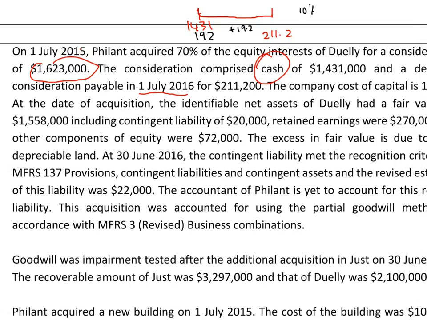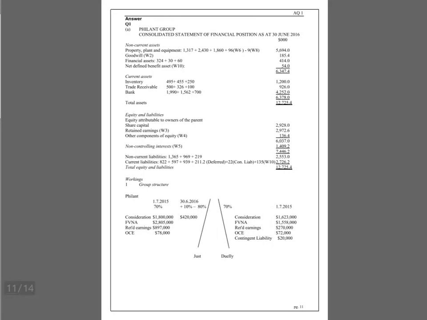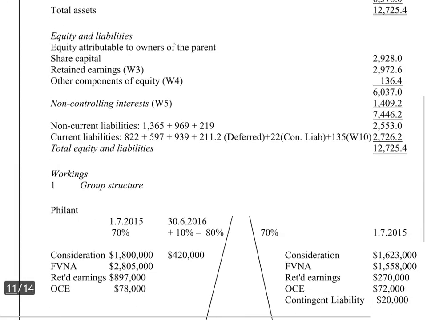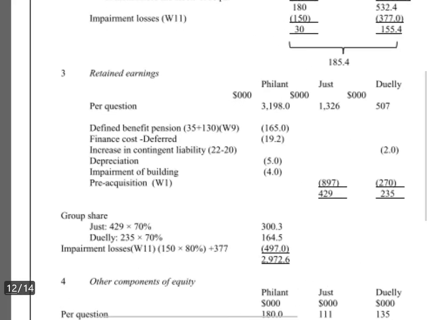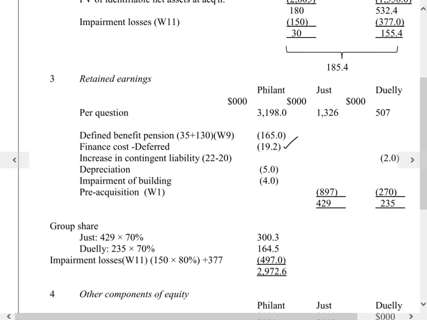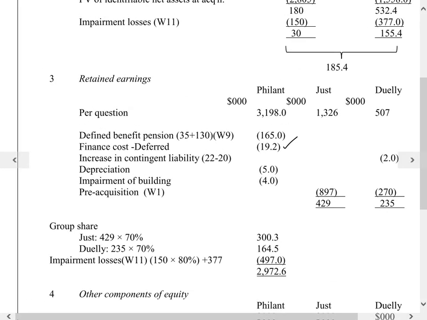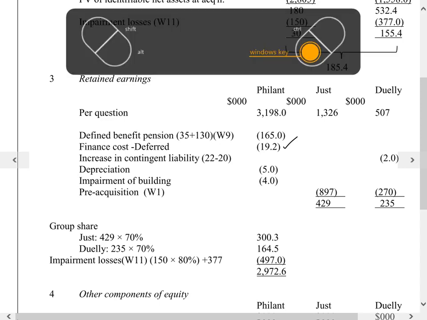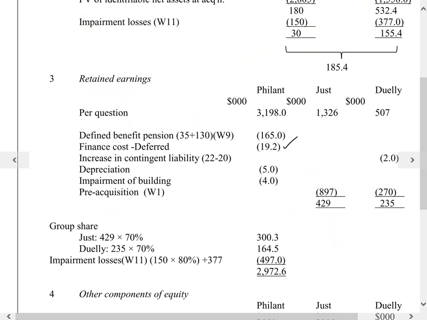You okay? So let's check our retained earnings. Can you see here retained earnings of Pilan? Is it okay? This is the deferred consideration, and I have a liability of 212, right?